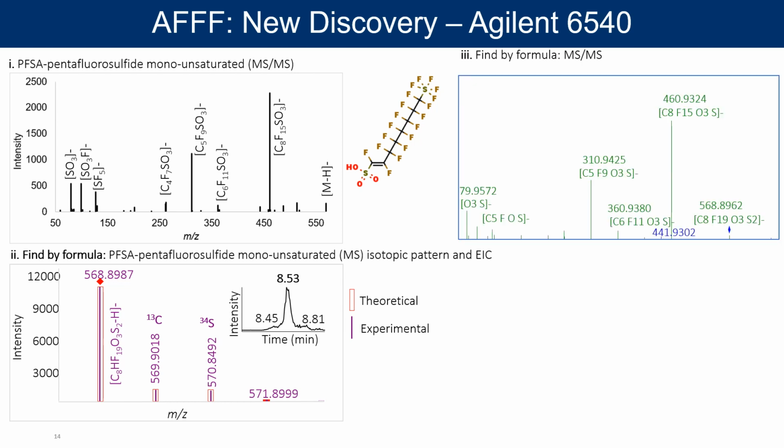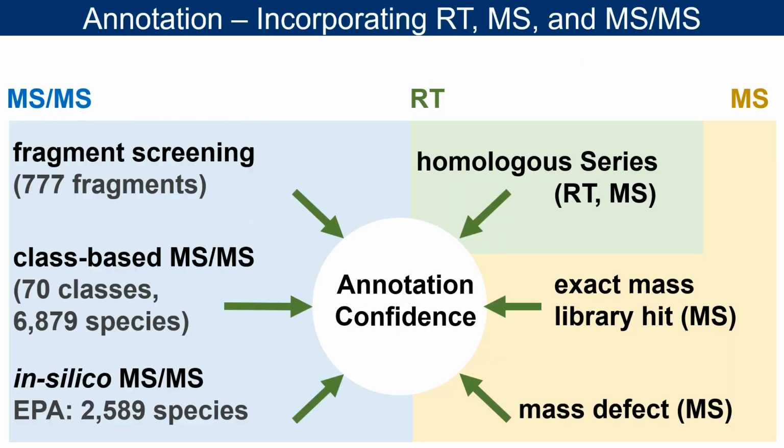And then we also use the Find by Formula approach to assign molecular formula to each of the fragments given the precursor formula, which further gives evidence in this structural annotation. So this shows one example of how FluoroMatch can be used to discover unknowns.